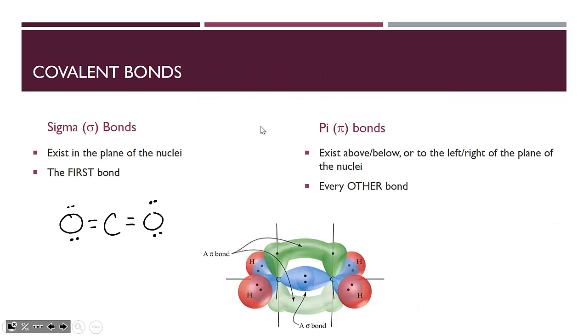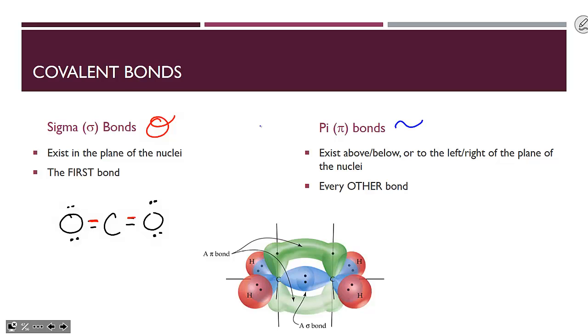Now, in your Lewis structures, like for example, for carbon dioxide, every connection between two atoms is known as a sigma bond. Sigma bonds fall within the plane of the nuclei. Pi bonds have to form above and below or to the left and right of the nuclei.